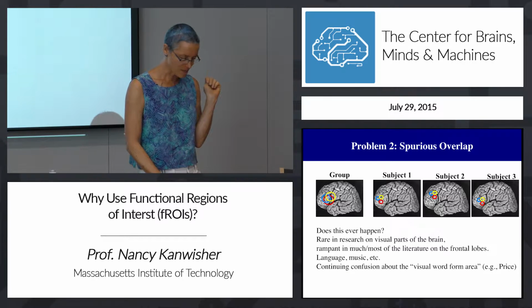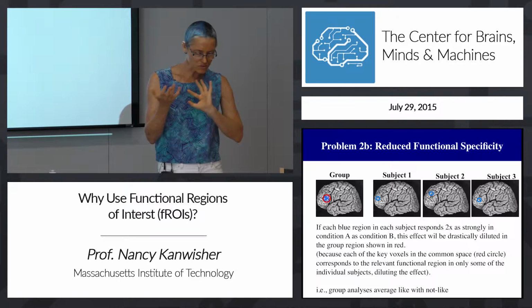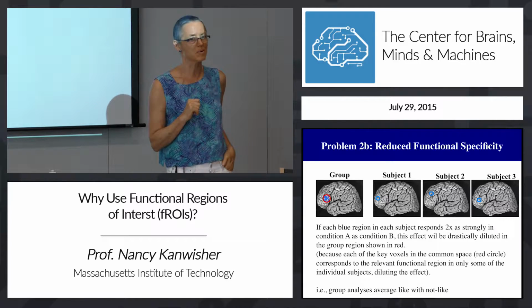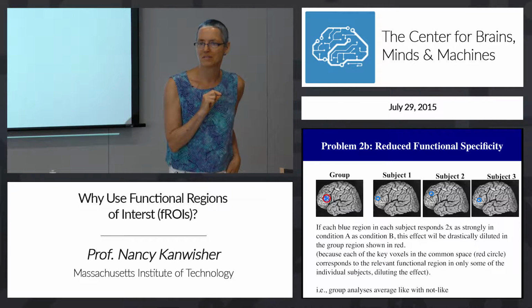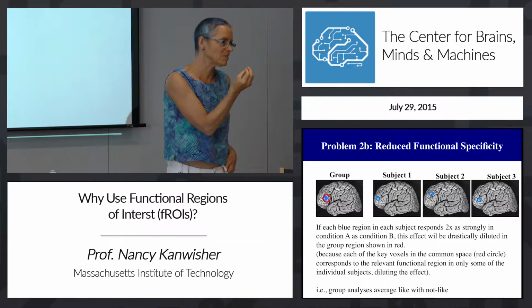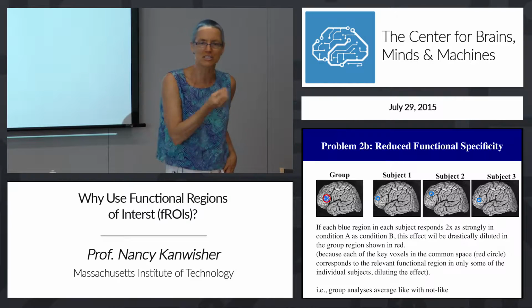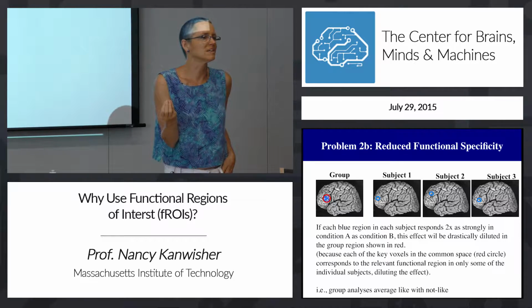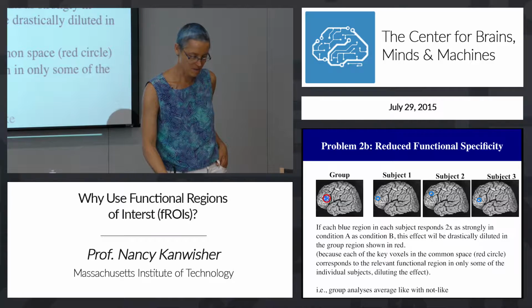Related to this, sort of a corollary or flip side of the same problem, you underestimate the selectivity of a region in a group analysis, because you're averaging in some subjects where you're right on top of that region, and other subjects where you're not. And if you average that stuff together, it will look less selective. Okay, so that's all that says.